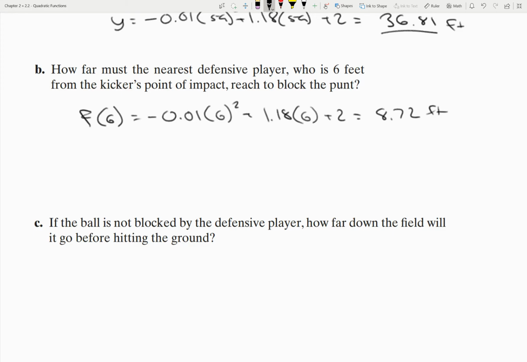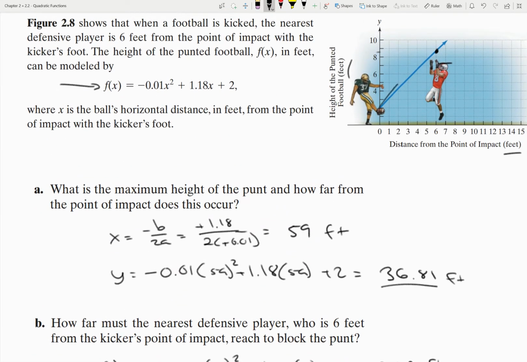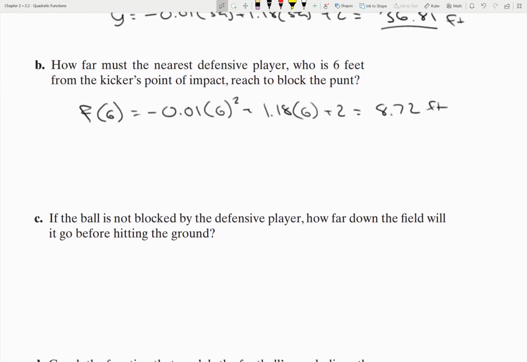So if we pull back up my graph here, this is not going to be to scale, but we're asking, where does this hit the ground? So we're asking for the x-intercept. And the way you find that is with the quadratic formula.